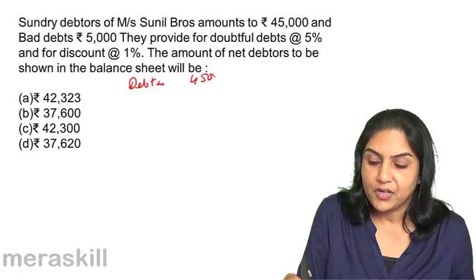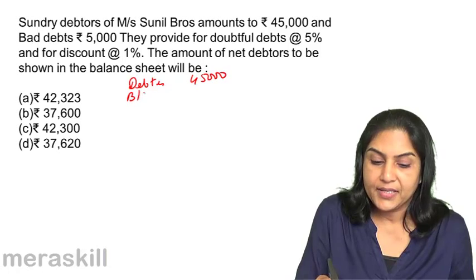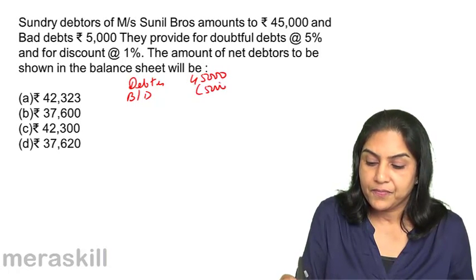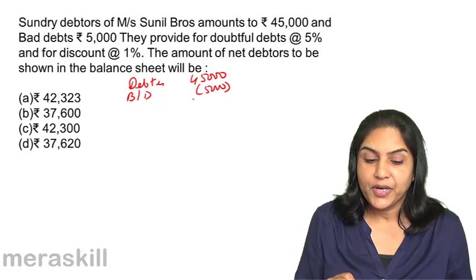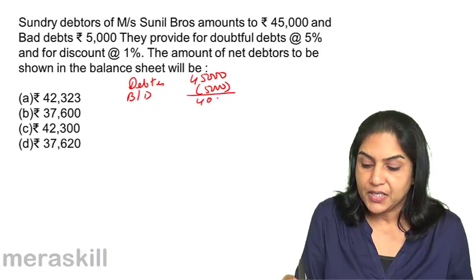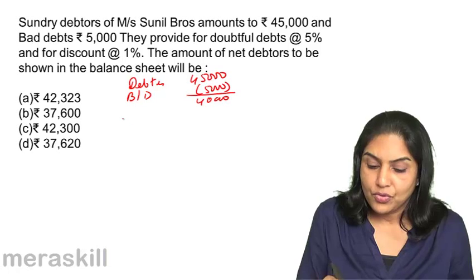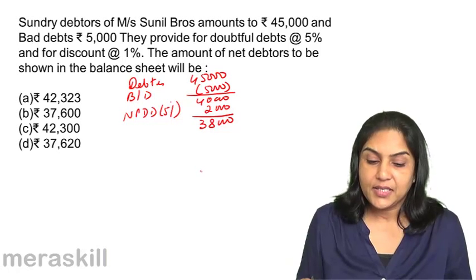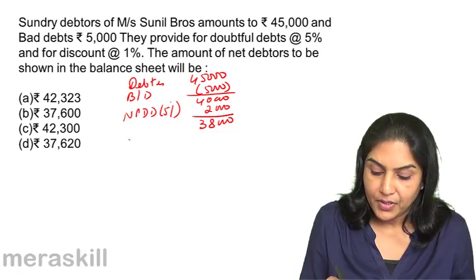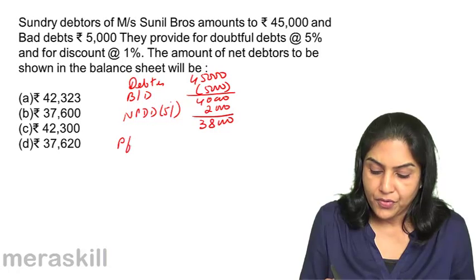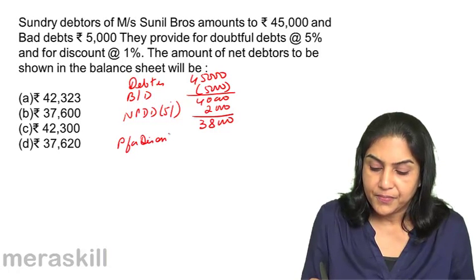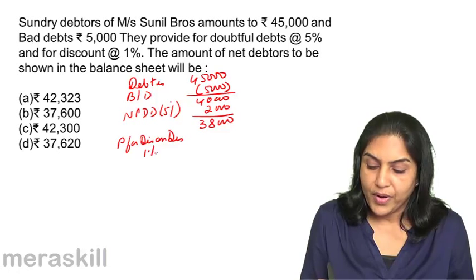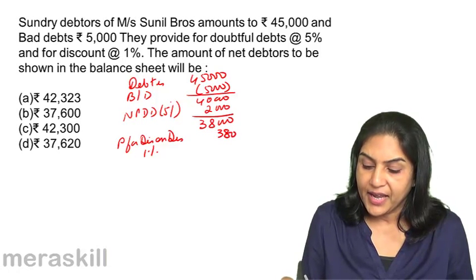Debtors 45,000 less bad debts 5,000. Then doubtful debts would be at the rate of 5%. So new provision for doubtful debts at the rate of 5% would be 2,000. So now we have 38,000 less provision for discount on debtors at the rate of 1%, that is 380.